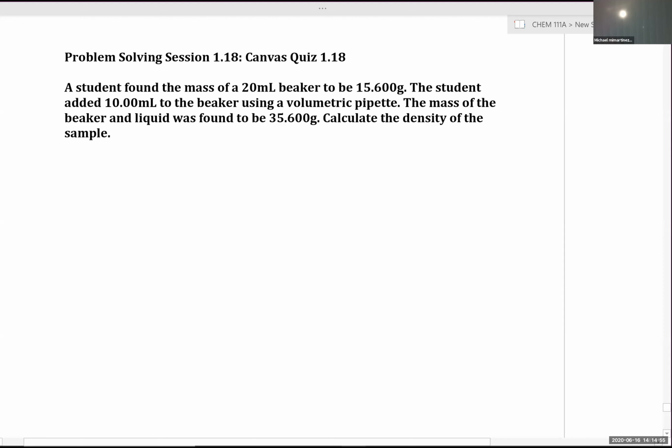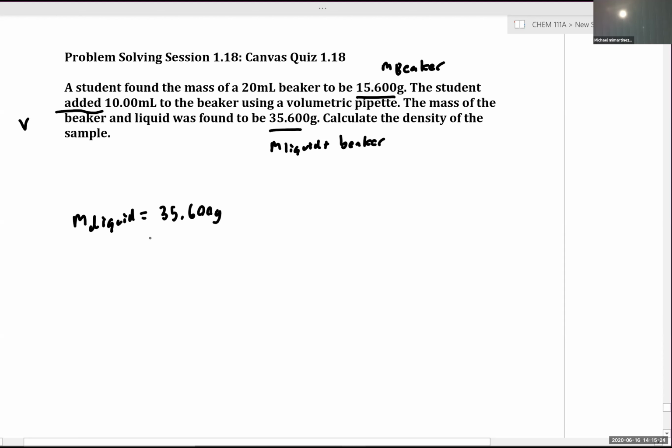So first and foremost, we found the mass of our empty beaker to be 15.600 grams. We have the volume of our liquid, and we have the mass of our liquid plus the beaker. So then the mass of our liquid is equal to the mass of the liquid plus the beaker, which is 35.600 grams, minus the mass of the beaker, which is 15.600 grams.